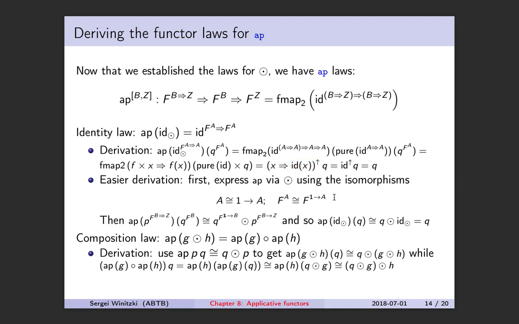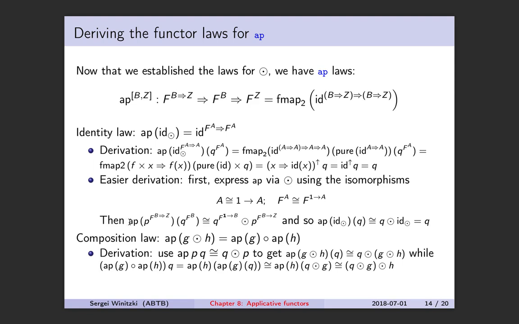Now there's an easier derivation, which I would like to use now because it's interesting and simpler. Consider these isomorphisms. They are obvious. They are not the same, obviously, because this is a value and this is not yet evaluated. You have to give it an argument and so on, but they are equivalent computationally.